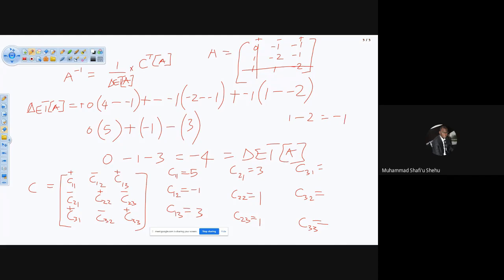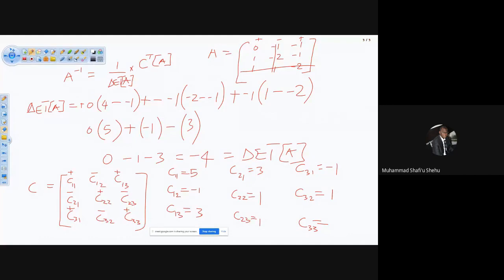Then for C3, 2, we have 0 minus 1, which is +1.